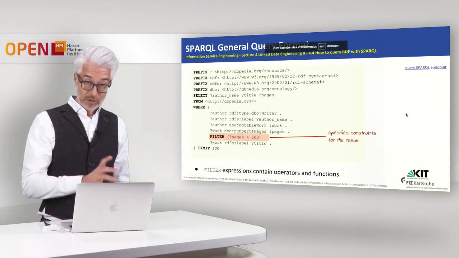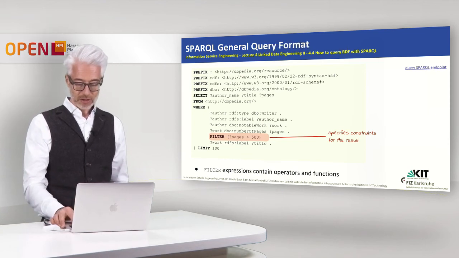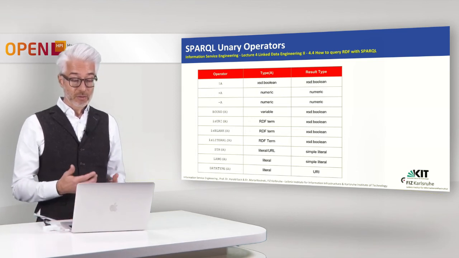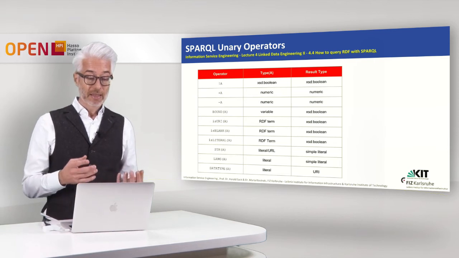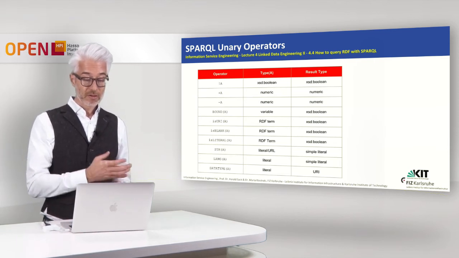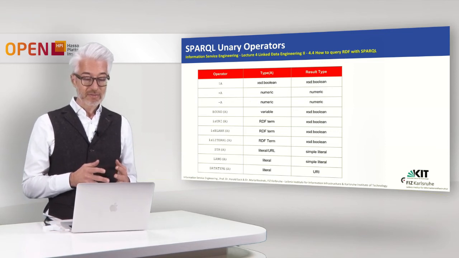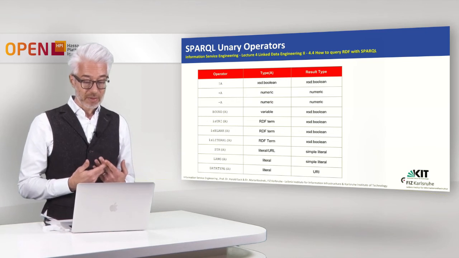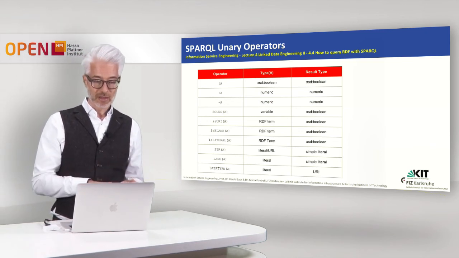The filter keyword, by that we put constraints or filter restrictions on specific variables. I can also apply operators on variables within my filter restrictions. There are several so-called unary operators I can use. For example, if I have a Boolean value, I can complement it by a negation.